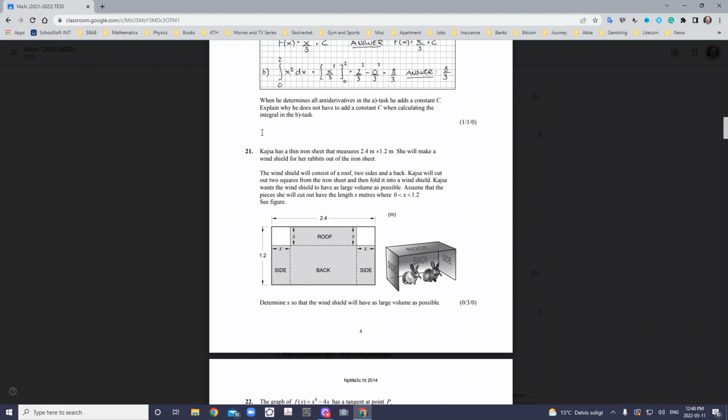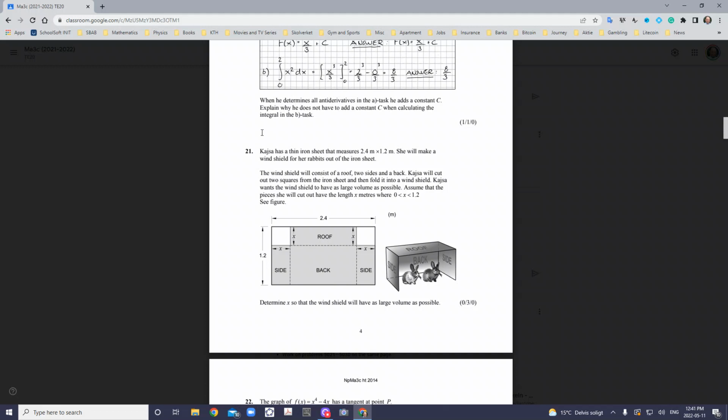So you have something like this. Here is your back. Let me write B for back, and then this is side, and that's also side. And then you have this roof. Let me call this one roof. Here something like this, and this is given in the picture.